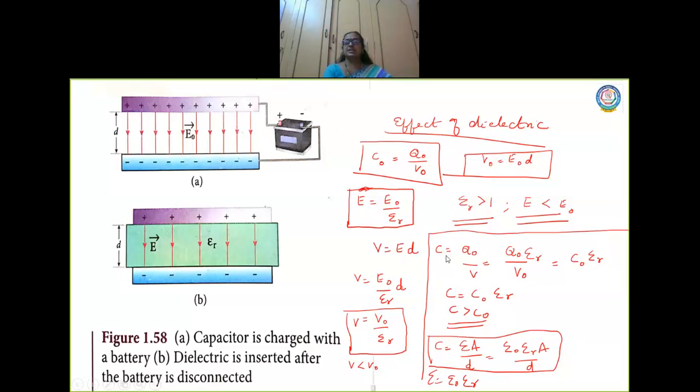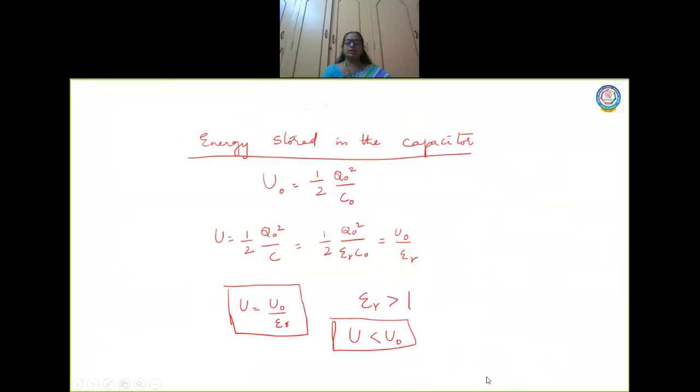So the capacitance was found to be increasing when the dielectric is added, so C greater than C naught. I can write this as C is equal to epsilon A by D, replacing epsilon with epsilon naught epsilon R, so C is equal to epsilon naught epsilon R A by D. Then I found out the energy. So this is again a very, very important derivation.